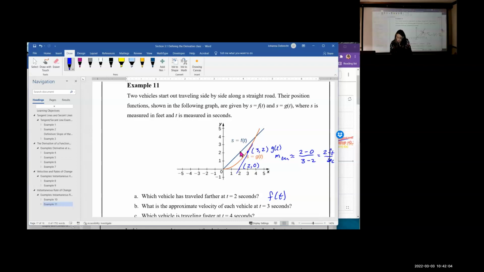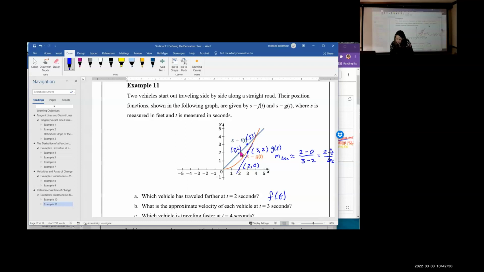I repeat the process on the F function, but notice the F function is linear. So its slope is a constant value, and the slope looks like it's going through 1,1; 2,2; 3,3; 4,4. So the slope of that line is just a 1. Again, on this graph, I've got 3,3 and 2,2.